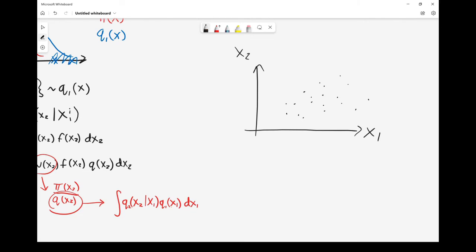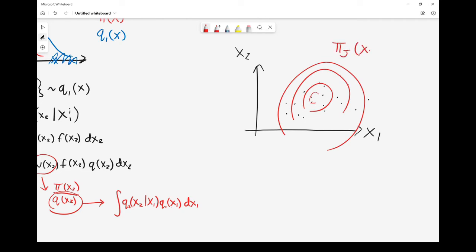And then you could imagine that actually you're interested in some kind of 2-dimensional target, which I'm going to write as pi j. So j to represent joint distribution between x1 and x2. And then we're also going to say that the thing we're interested in is the marginal of this joint distribution.